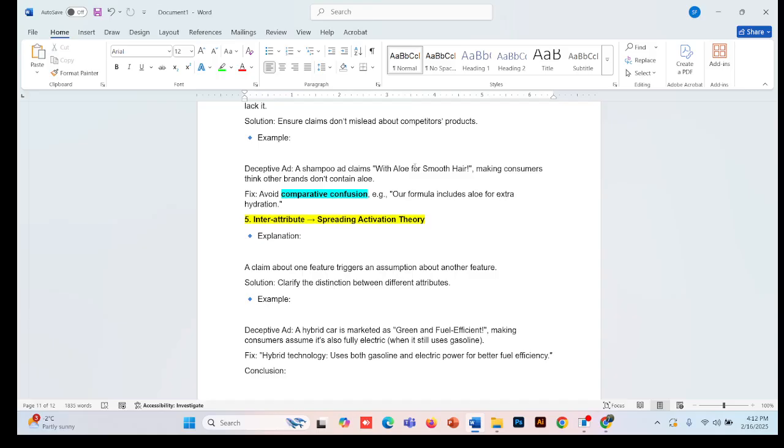It triggers assumptions about other features. Clarify that distinction between different attributes.